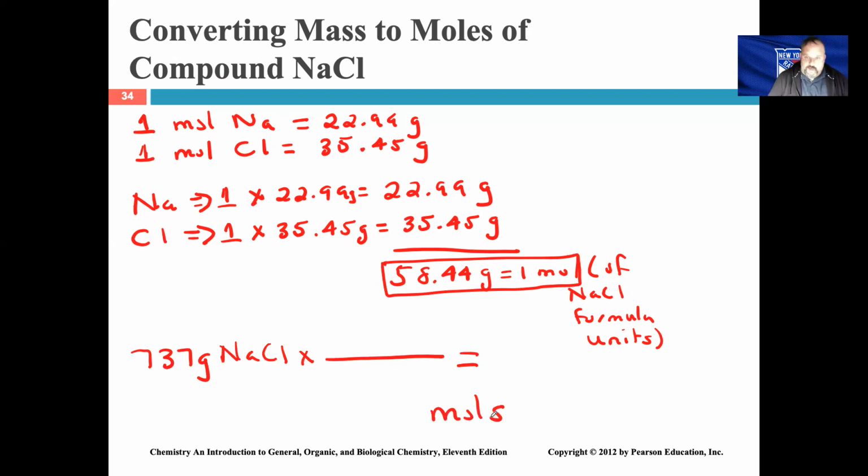So what's going to go where? 1 mole is going to go in the numerator, and 58.44 grams is going to go in the denominator. Why? Because when I multiply, I want the grams to cancel. So in terms of the numbers, we're going to divide 737 by 58.44. And when I put that into my calculator, I got 12.61 moles of sodium chloride.